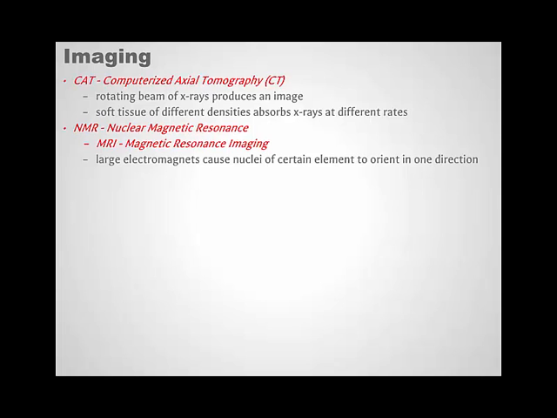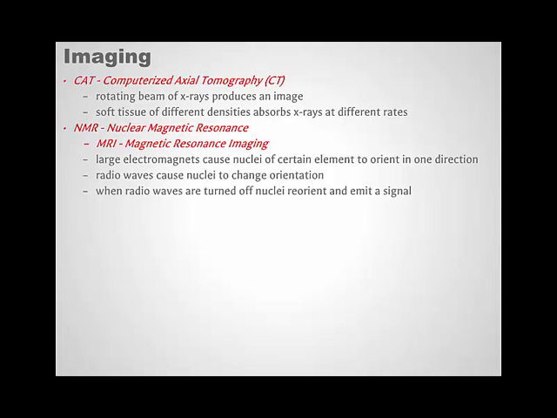These magnets cause the nuclei of individual elements to orient themselves in a certain way. And then when the radio waves are turned off, the nuclei return to their original orientation, and when they do that, they emit a signal. The computer detectors pick up these signals, and it's used to build an image.